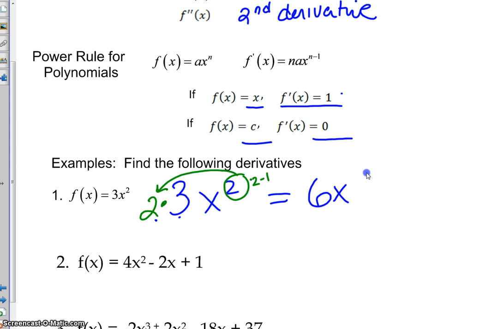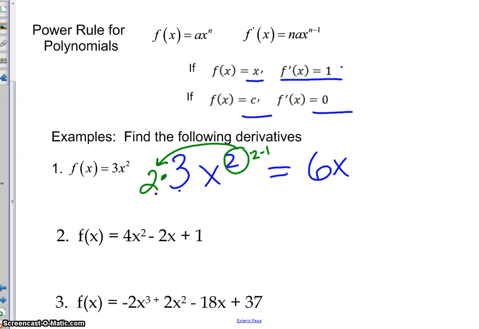Let's try another one. f of x is 4x to the second minus 2x plus 1. Again, we take the exponent and multiply it by the coefficient. So we take 2 times 4, and our answer is going to be x to the 2 minus 1. So this is really going to be 8x to the first, and you're going to be able to do that very quickly.